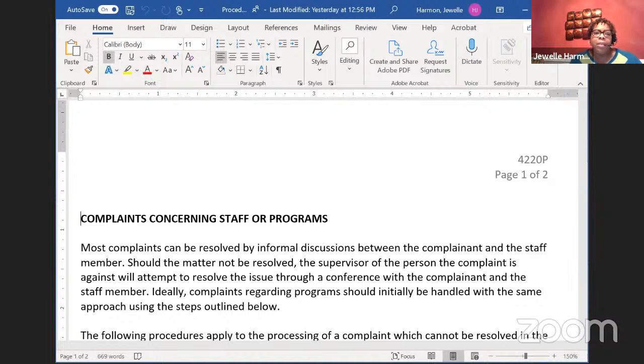But in this instance, I wanted to provide the board some space to discuss this because it has to be discussed in public. I will just caution you that this is loosely related to ongoing litigation, so I'd caution you not to use names or reference that particular situation, and just talk about this from the perspective of general policy and procedure update for the district.